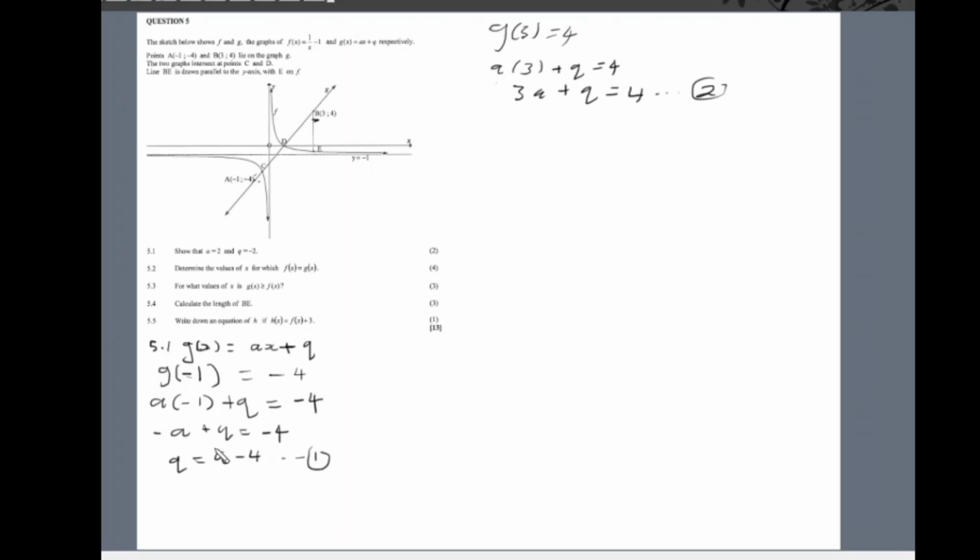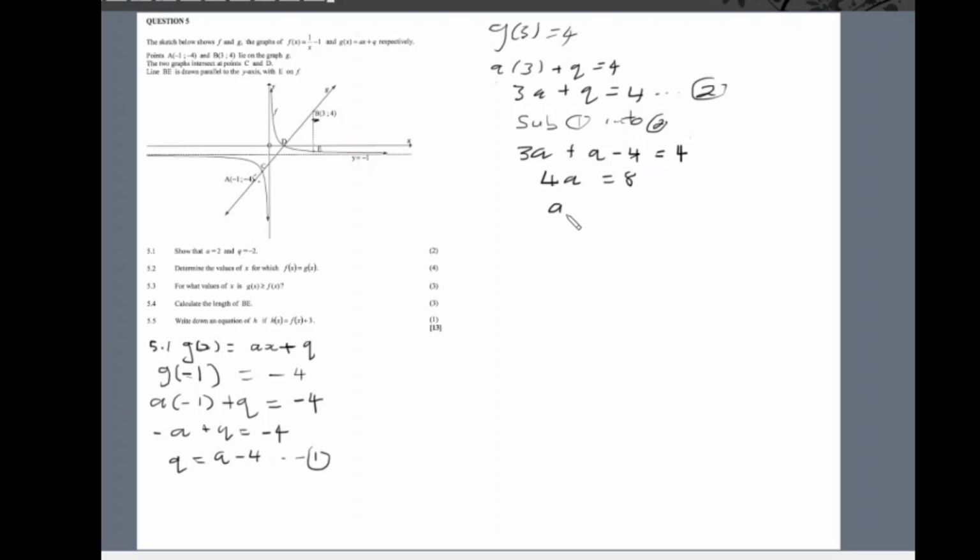So from equation 1, we know that q equals a minus 4. So I'll substitute equation 1 into equation 2, right? So now 3a plus q, but q from equation 1 is a minus 4. So there I'll put a minus 4, and then I'll have that equals 4, and then I'll have 4a equals 8, taking this 4 to the other side.